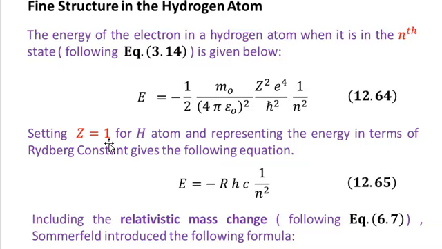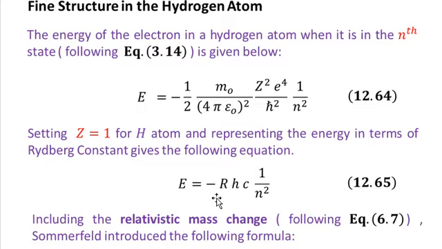If you set Z equal to 1, then this will be the case for the hydrogen atom, and representing the energy in terms of the Rydberg constant gives the following equation. Representing the parameters of equation number 64 in terms of the Rydberg constant of the hydrogen atom, it will take the form given in equation number 65.